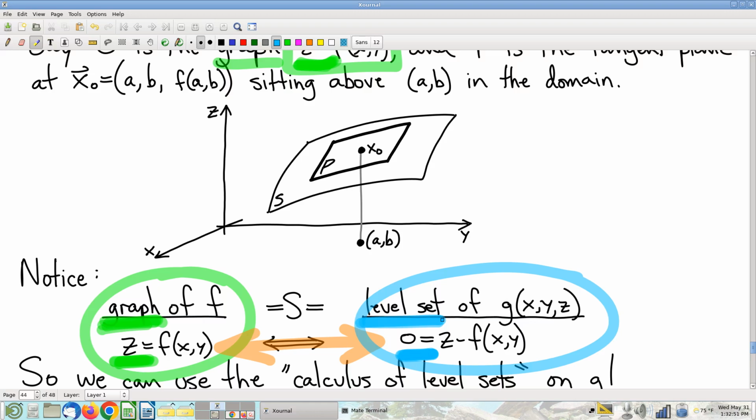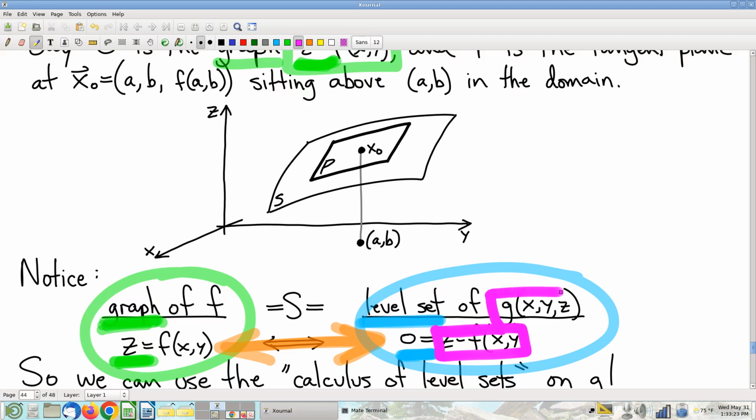And so this is a great example of how sometimes if you find yourself looking at a graph, but you wish you could use the calculus of level sets, there's some cool calculus of level sets. Oh man, I really wish I could use the calculus of level sets. Just do this move, right? Just take your algebra describing your graph, move the terms around a little bit, and now lo and behold, you are literally looking at a level set of a different function.